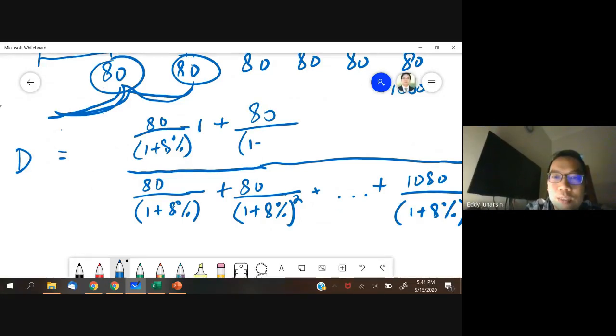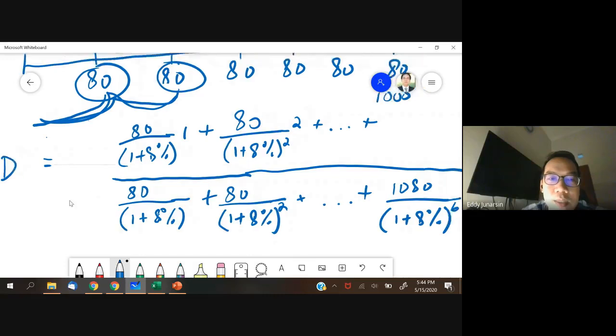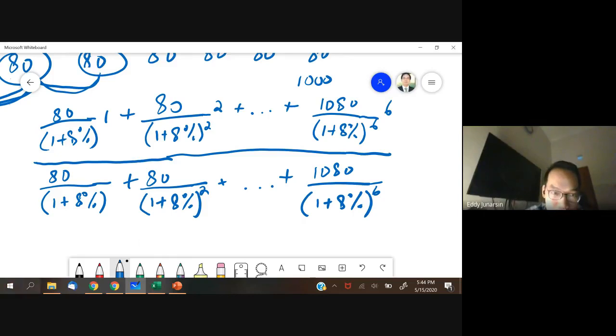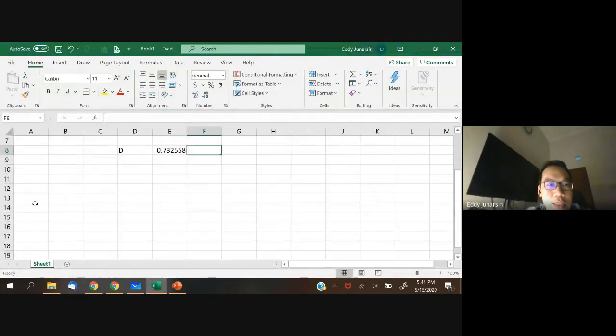The second one, the power of 2 times year 2. And the last one would be 1,080 divided by 1 plus market rate to the power of 6, times 6. This is the real time, right? Okay, so we'll do it in Excel. This would be very easy.